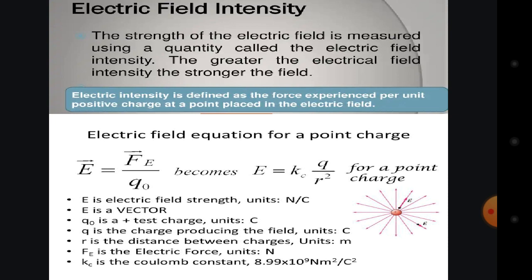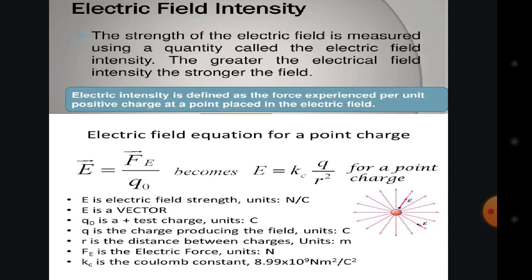So this is the definition or the explanation of electric field intensity: a force experienced per unit positive charge at a point placed in that field.